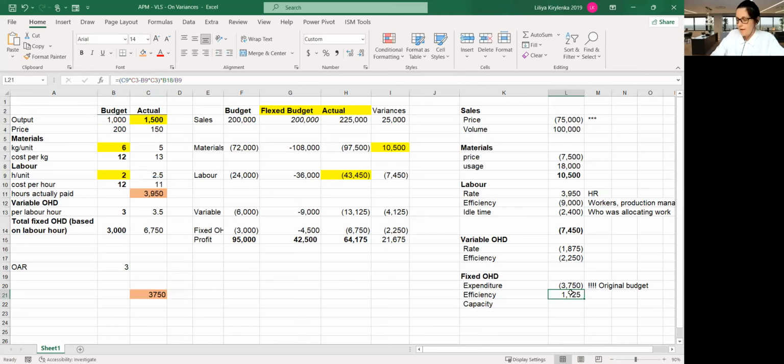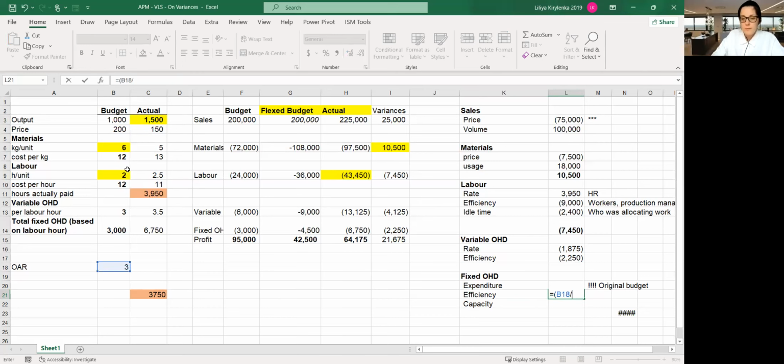Okay. Once again, let me write the formula again. When we talk about efficiency, efficiency is volume-based variance. When we have volume-based variance, we need to take that budgeted price, and as our fixed overheads are apportioned based on labor hour, then we need this overhead absorption rate calculated based on units, divided by labor hours per unit.